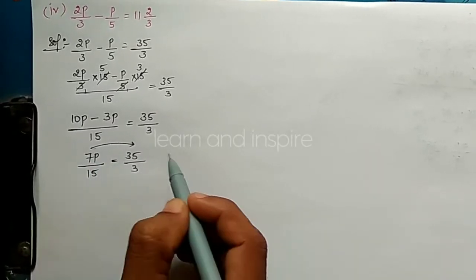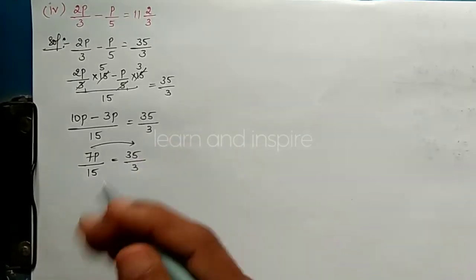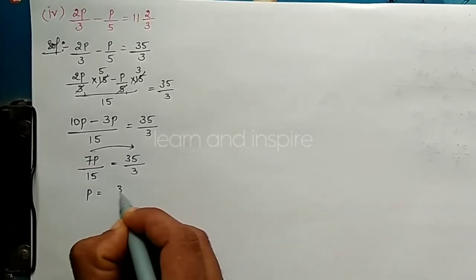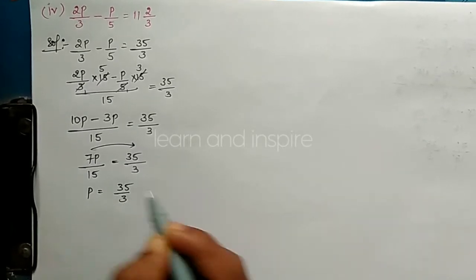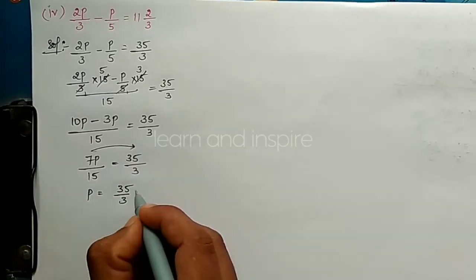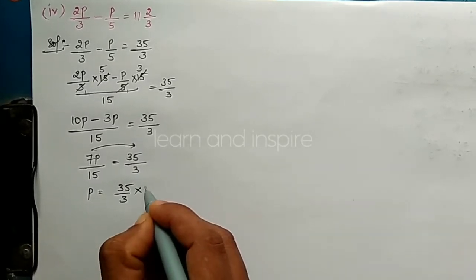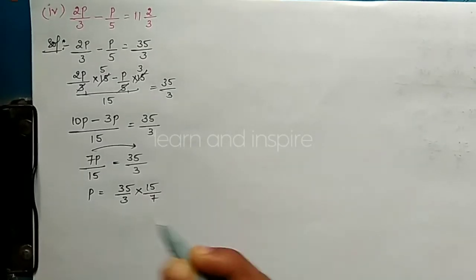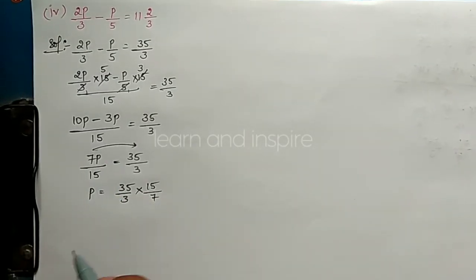If I transpose a fraction, it becomes the reciprocal of the given fraction. p is equal to 35 by 3, right as it is. If I transpose 7 by 15 to RHS, it becomes multiplication and the fraction becomes a reciprocal, 15 by 7. 7 by 15 becomes 15 by 7.